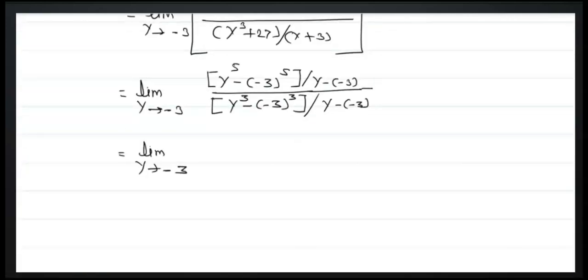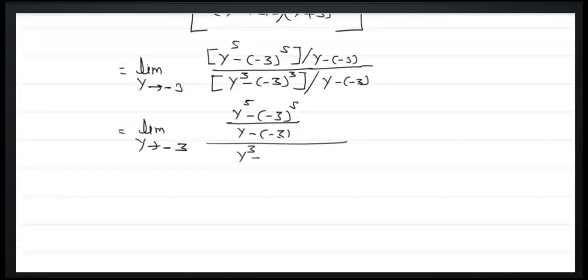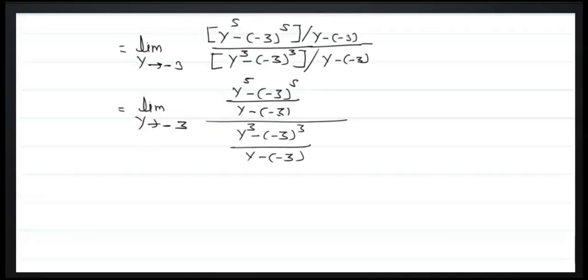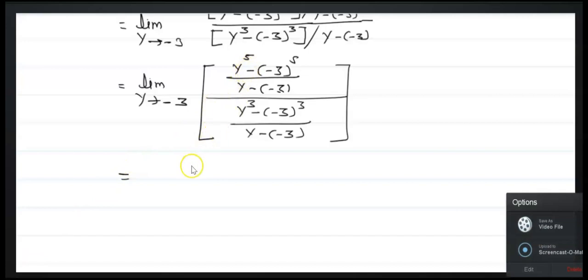Therefore, if you apply the formula, you will get 5 into (minus 3) raised to 5 minus 1, divided by 3 into (minus 3) raised to 3 minus 1.